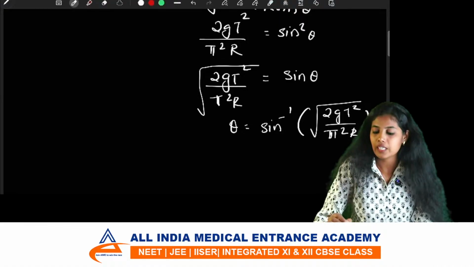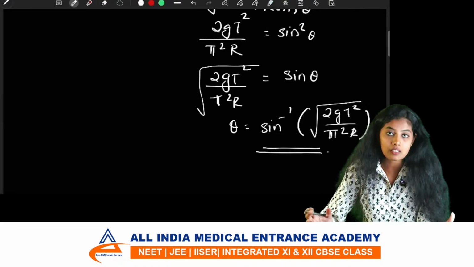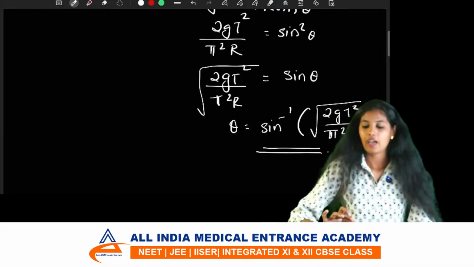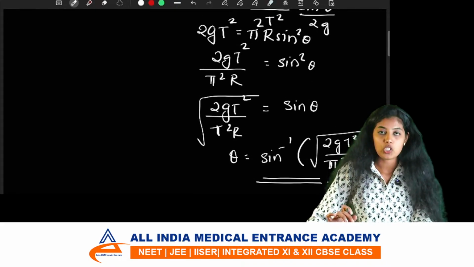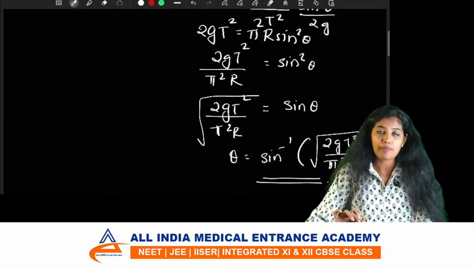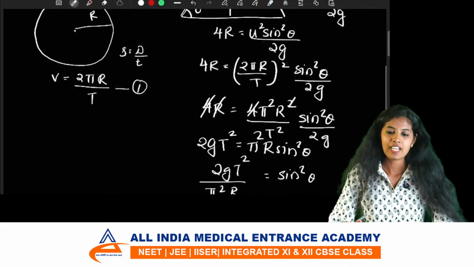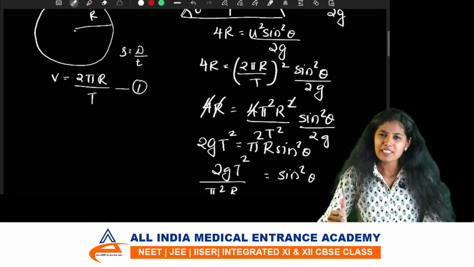Even though these options appear difficult to you, it is a very simple question. The steps are very simple, and this is the theta. If we project the particle at this theta, we get the maximum height as 4r. All right, everyone, that's all from my side for now. Go give it your best shot.